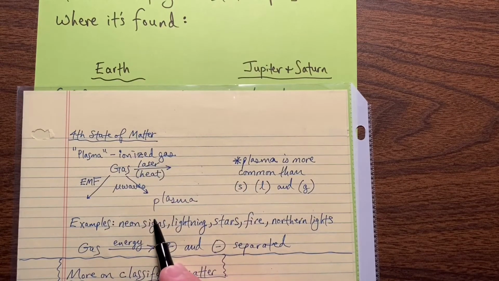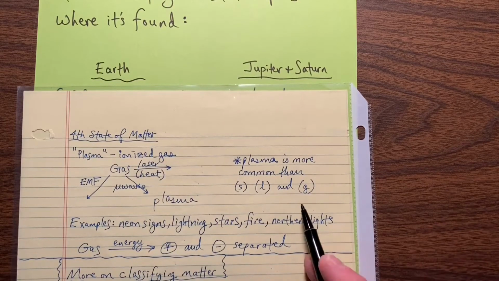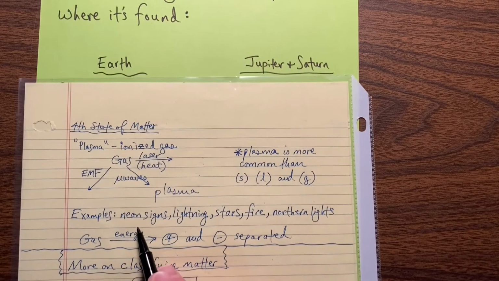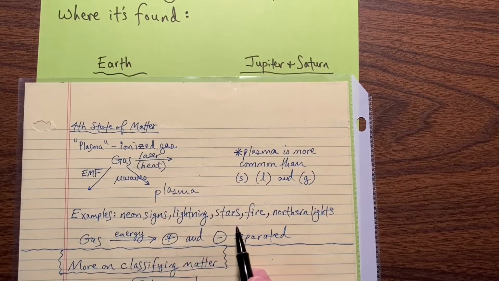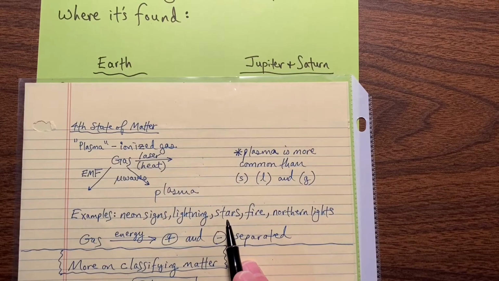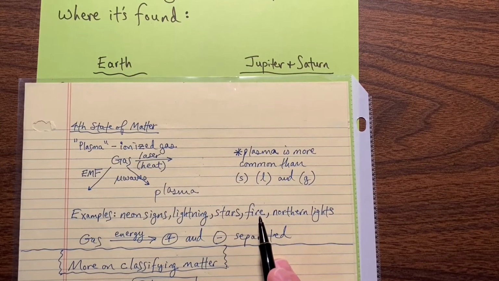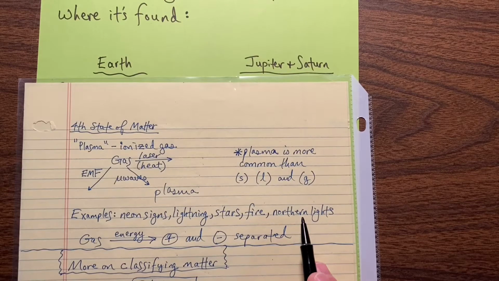You can convert gases into plasma, and that's what's going on inside of a plasma TV or in a neon sign. A neon sign is just an electrically charged gas of neon and some other elements. Lightning is a plasma. Stars are mostly plasma. Fire is a plasma, believe it or not, and the northern lights. So really, when you think about it, most of what's out there in the universe exists as plasma.